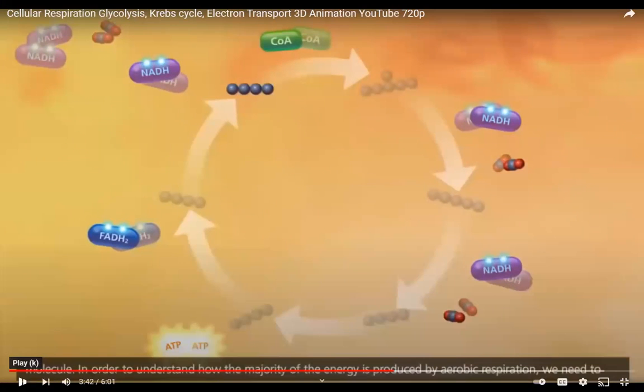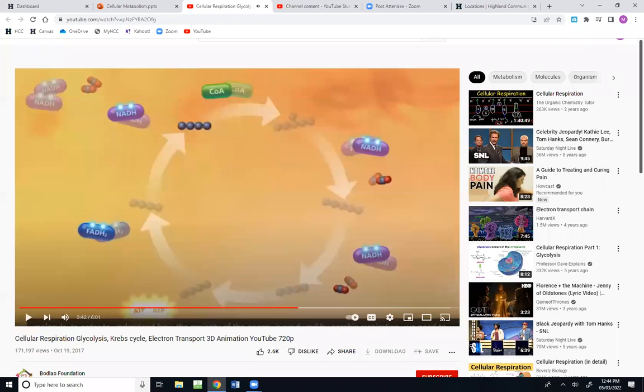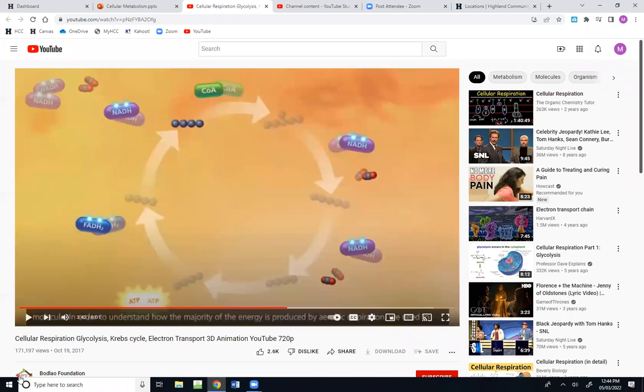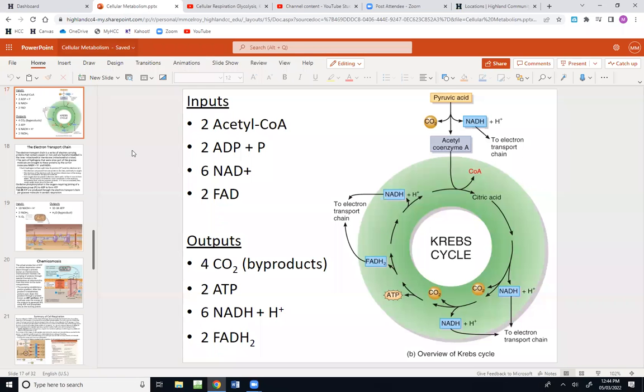In order to understand. Okay, so if you didn't pick up on it, her math, what she said is that as a result of this process, we form 8 NADH plus H pluses, or 8 NADH2s, I believe is how she said it. She also said 6 CO2. Well, here my list is 4 CO2, 6 NADH plus H plus. So why is mine listed differently?